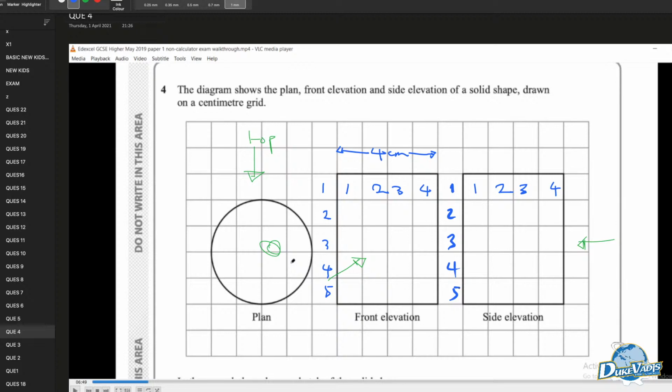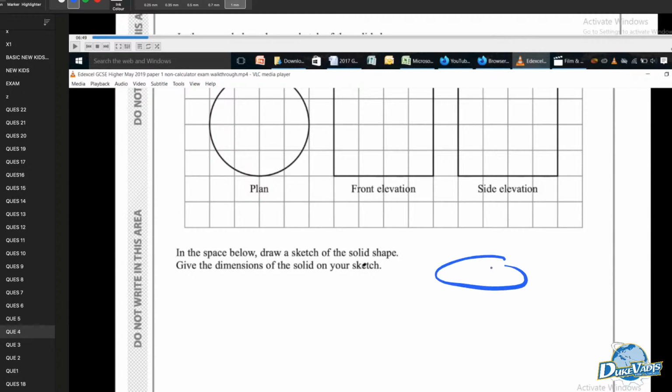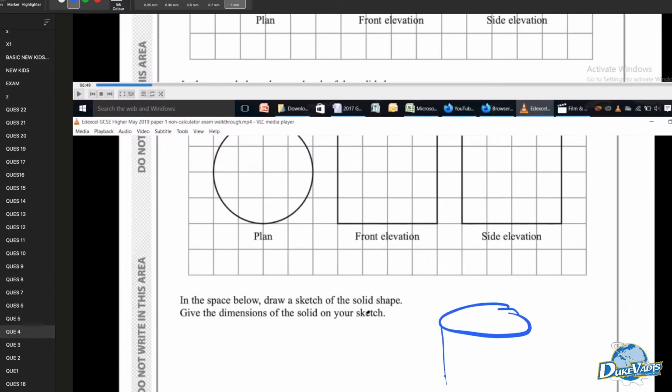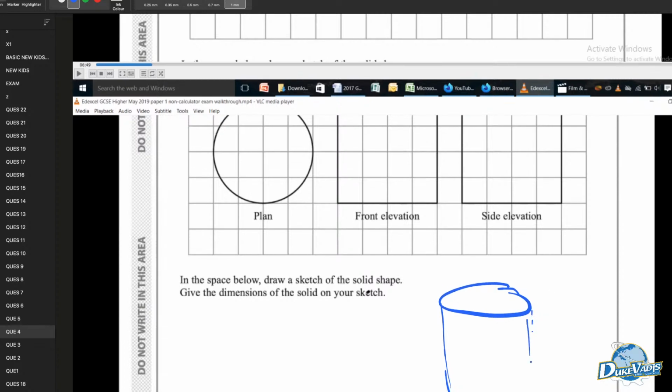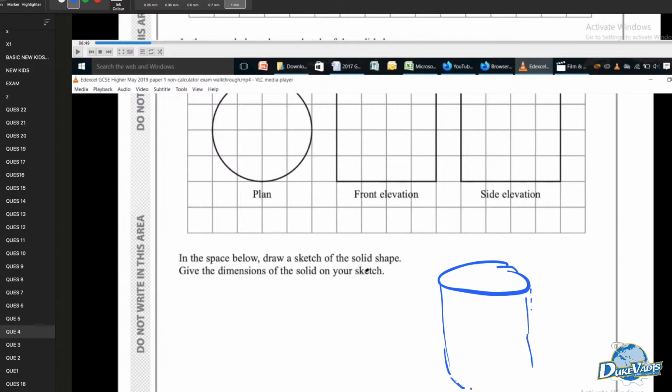But when we look at the object, if this is the elevation, that means when we're looking at the top, we see something like this, a circle, and the front elevation will give us this. Then when we project it down like that, the bottom will also look like that. So all you have been given to do is to draw a cylinder.